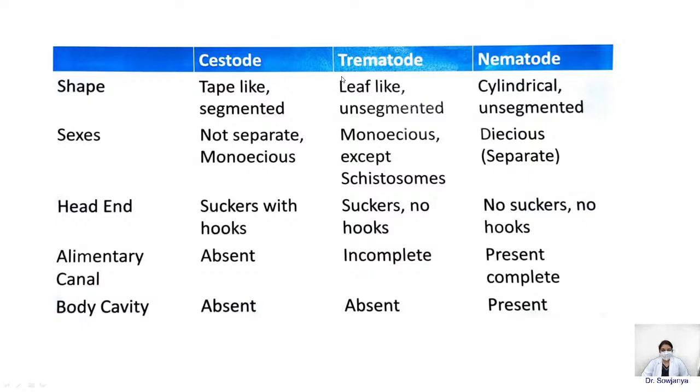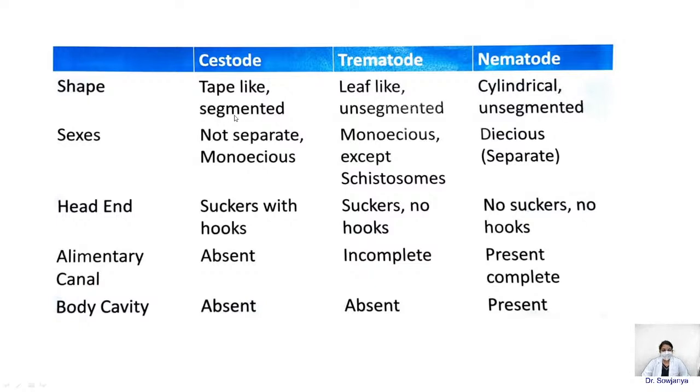So, cestodes and trematodes are flat worms. Cestodes are tape-like and segmented, while trematodes are leaf-like and unsegmented. But classically different are the nematodes, whose body is cylindrical and unsegmented.